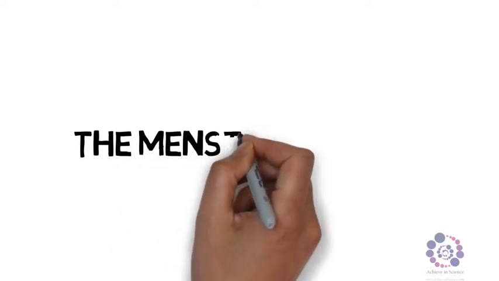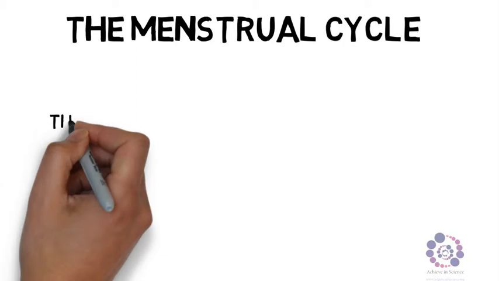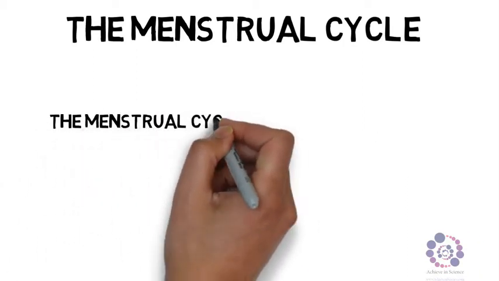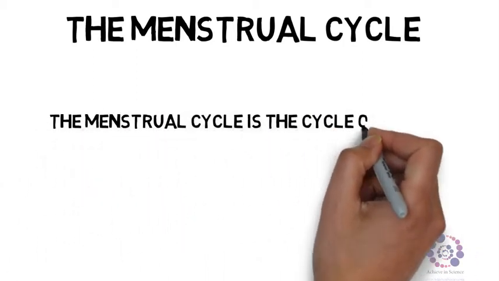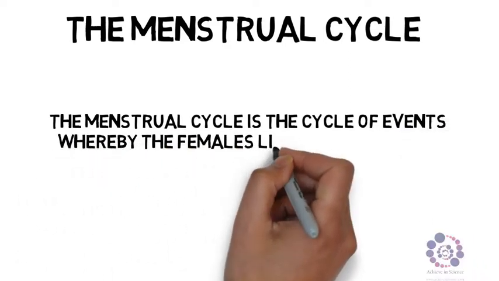Now, one of these key changes is the menstrual cycle, because this begins. The menstrual cycle is a cycle of events whereby the female's lining of her womb begins to prepare itself, ready to receive a fertilized egg.